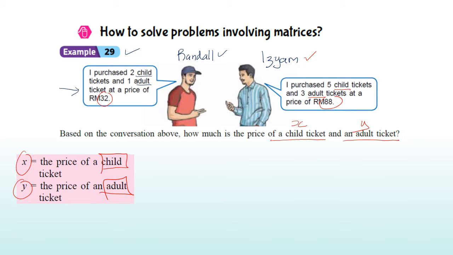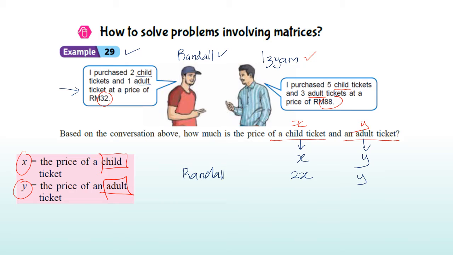We start with Randall, and Randall has 2 child tickets, that means 2x, and then for adults only 1, so this one is y, and the total is 32.